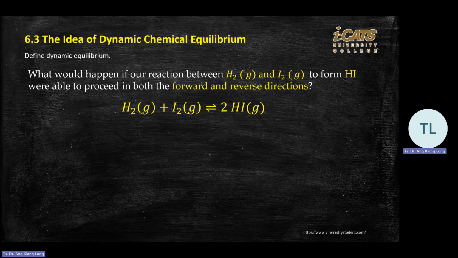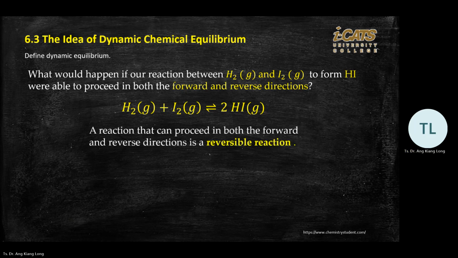It can form H2 plus I2 to form 2HI, but with a double arrow, 2HI can go back to H2 and I2. So this is again what the double arrow means. It means it's a reversible reaction.